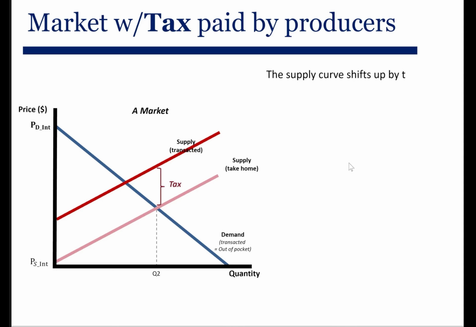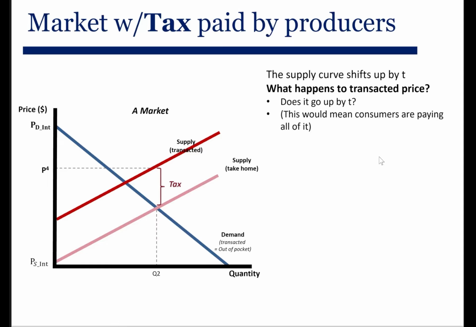Now the question becomes, what happens to the transacted price? It used to be at P2. Does it just go up by t from P2 to P4? In other words, do consumers pay everything? Is their price just going up and producers get the same take-home amount?